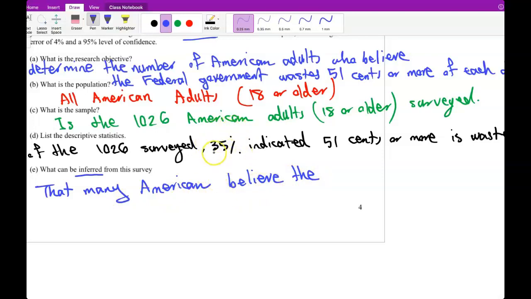Here we were able to find 35%, but we don't know how many people are here in this population. That's why I'm writing that many Americans believe.